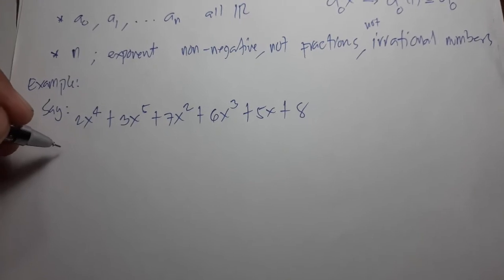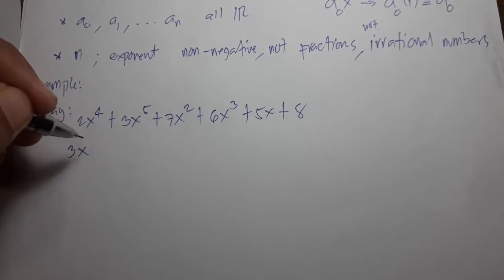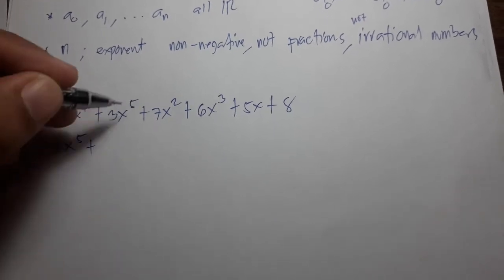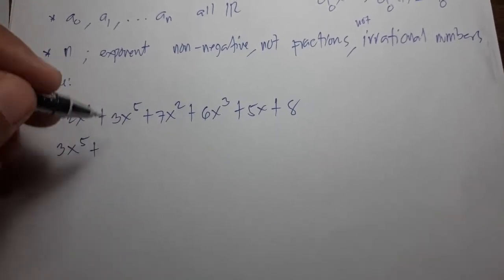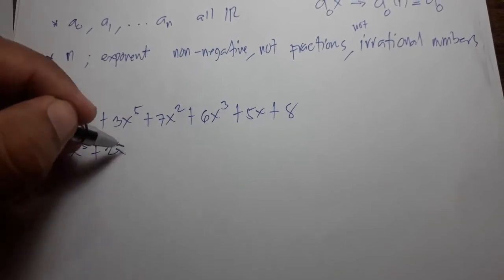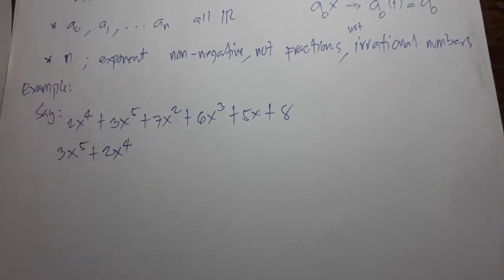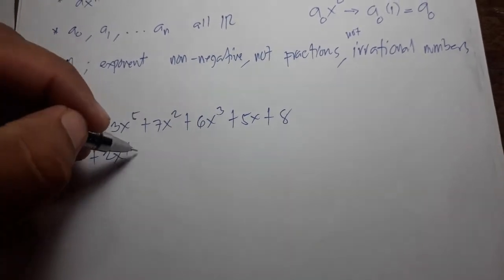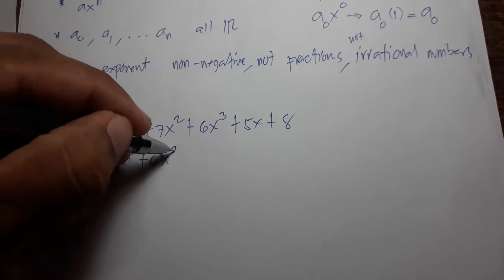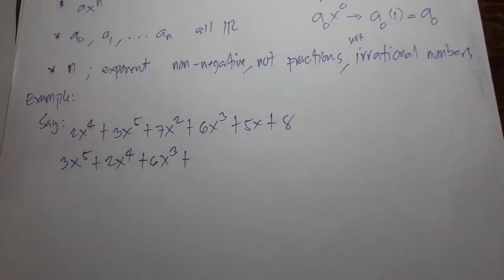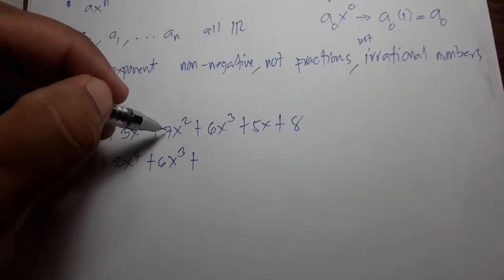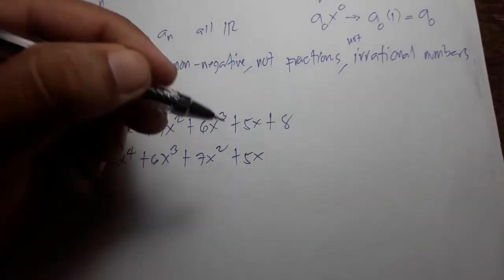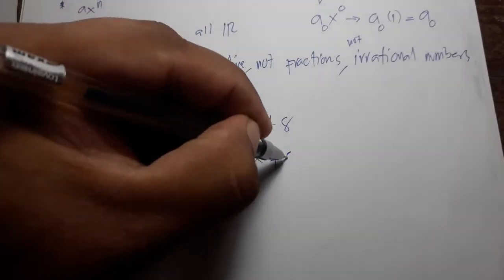So in this case, we have 3x to the power of 5 plus, what is next after 5? We have 4. So 2x to the power of 4. What is the third term? This one. Plus 6x cubed plus this one, 7x squared plus 5x plus 8.